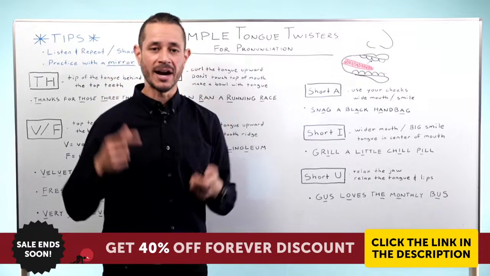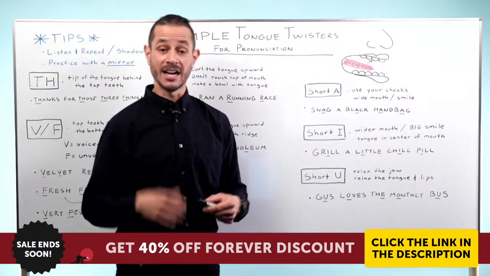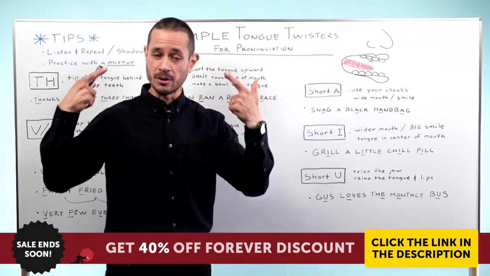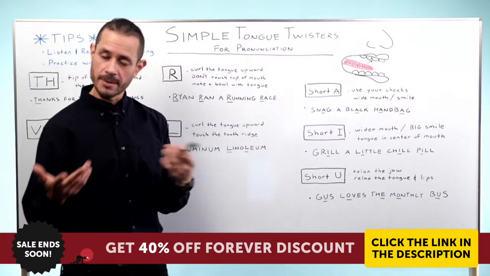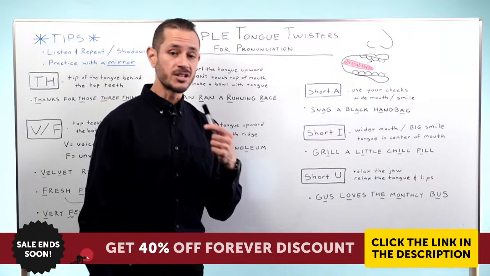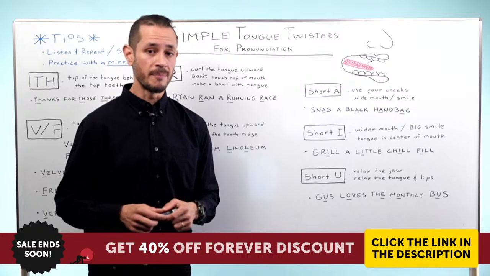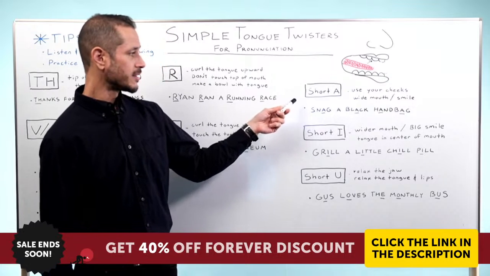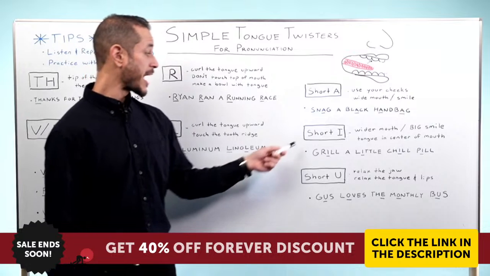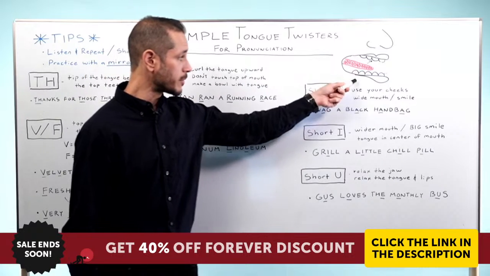Really think of smiling. A kid, you can think of a kid. A kid likes to smile. So that's a way that you can maybe help remember. Short I, wide mouth, big smile, and the tongue is in the center of the mouth. The short A, the tongue rests on the bottom. You can't make the sound if your tongue is on the bottom of your mouth.